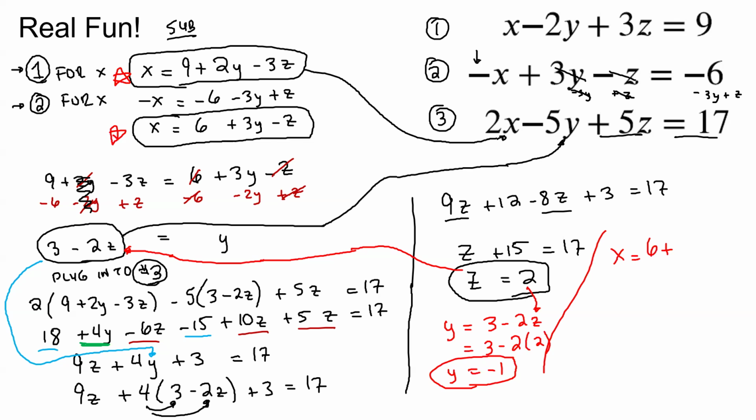X plus 3 times y, that's a negative 1, minus z, which is a 2. And that's going to give me a 6 minus 3 is 3 minus another 2 would be a 1 right there. Okay? The solution to this problem is x equals 1, y equals negative 1, z equals 2.